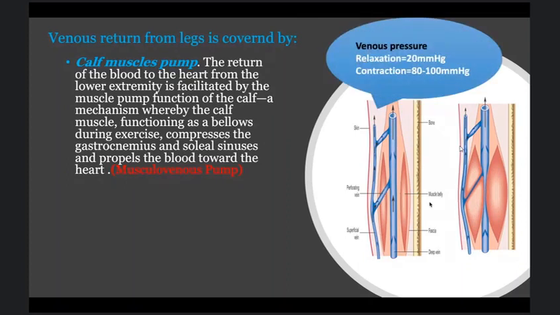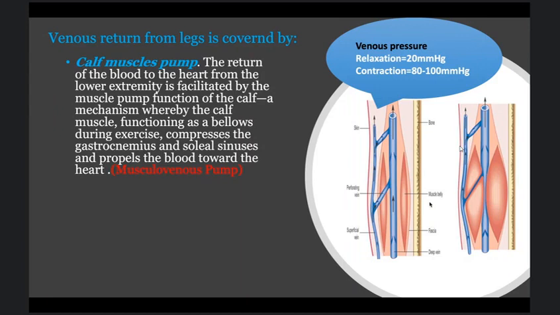Normally, venous pressure inside the deep system during relaxation is about 20 millimeter mercury, and during contraction is about 80 to 100 millimeter mercury. Just keep in your mind hydrostatic pressure and dynamic pressure. Hydrostatic pressure inside the venous system is kept normal by normal functioning valves. Dynamic pressure is kept normal by muscle contraction.